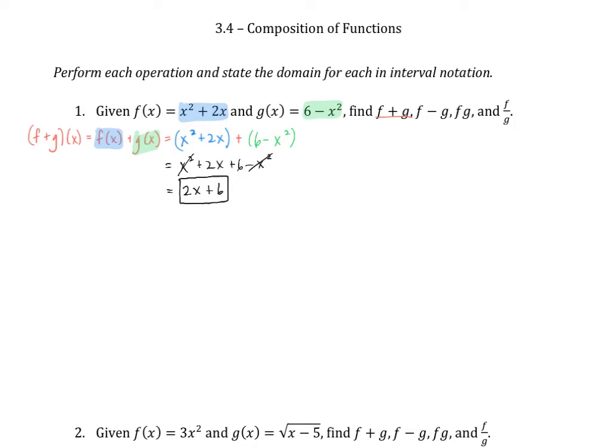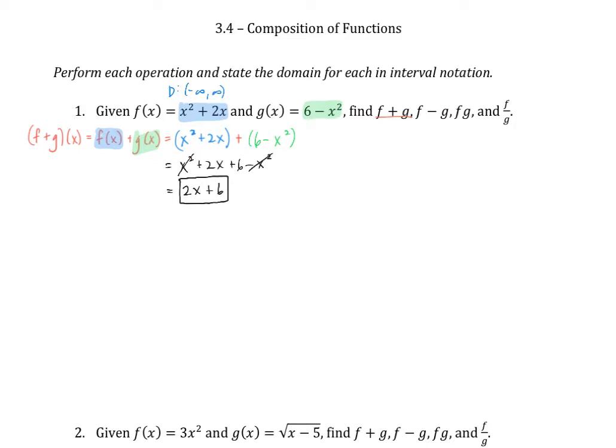All right, so there's f plus g. Oh, and we want to talk about the domain, so let's do that as we go through. If we just look at f of x, the domain of f of x, there's no fraction here, there is no square root. So the domain here for f is negative infinity to infinity. There are no restrictions on the domain of f.